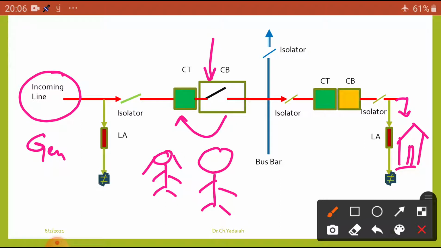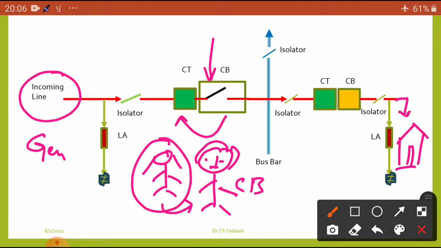Brother and sister always operate together. The brother, the CB, is mechanically very strong, but he cannot take the decision on when to operate, whether to open or close. This signal comes from his sister only. The sister is mechanically very weak, but mentally very strong. She can observe electrical characteristics in our line.